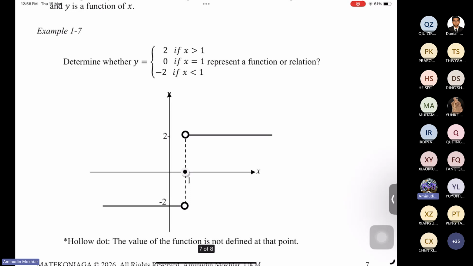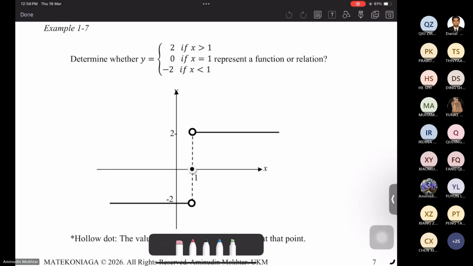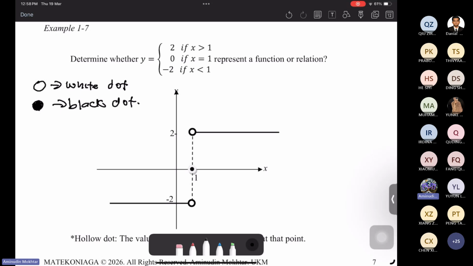Sometimes this dot is a white dot, or the second one is a black dot or black point. White and black dots are very important. That will determine the value of y, the value of the function.